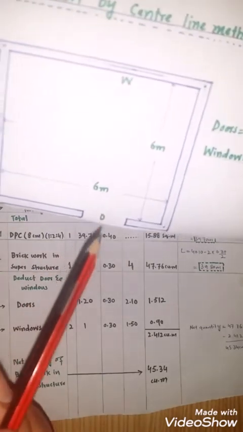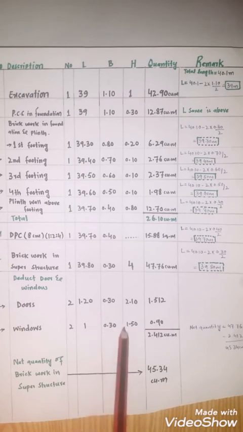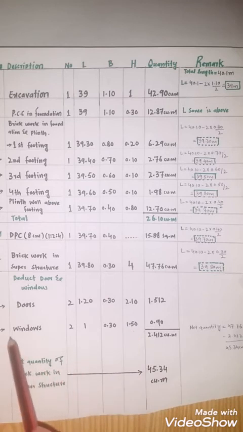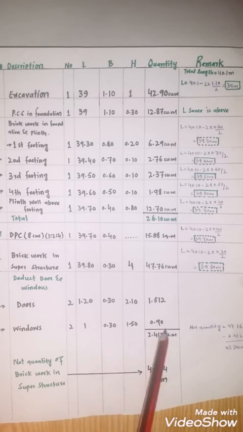These 2 are the door and these are the window. The length is 1 meter. The breadth is 0.30 meter and height of window is equal to 1.50 and the volume of window is equal to 0.90 cubic meter. This is the overall volume of door and window, 2.412 cubic meter.